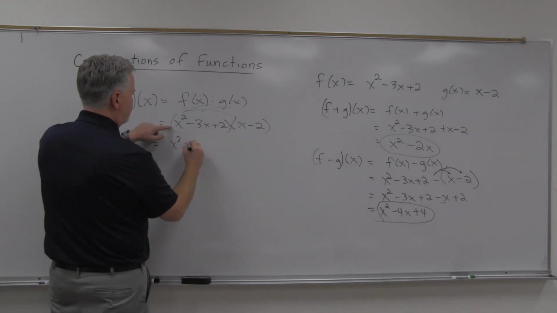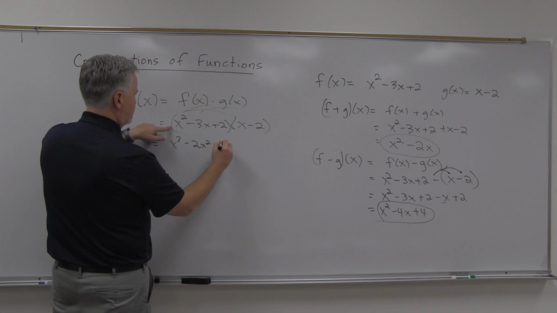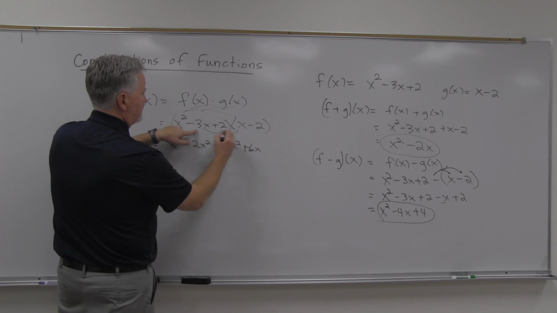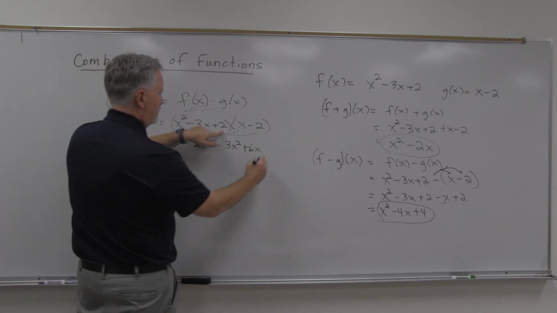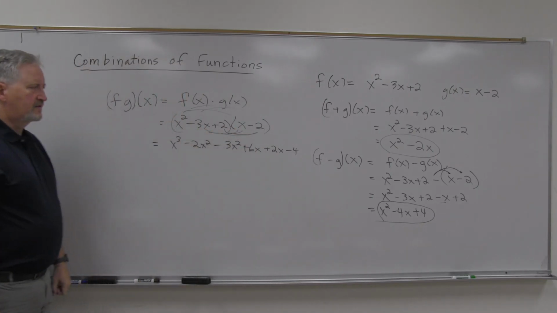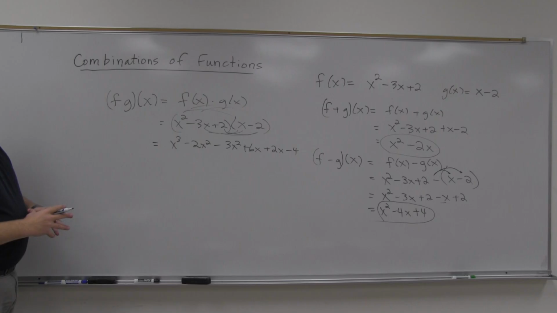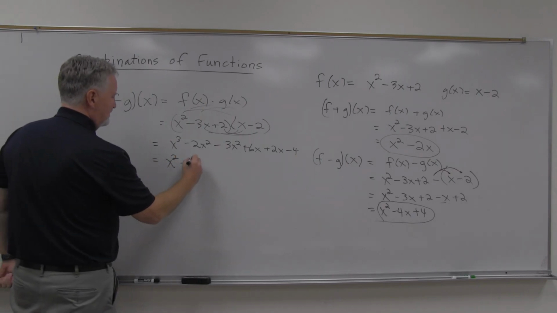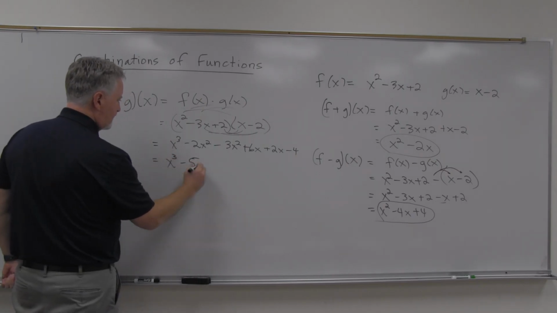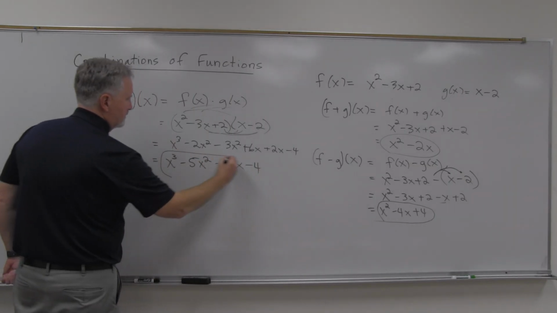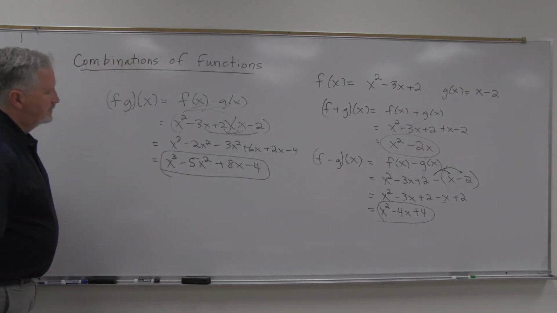What, x cubed minus 2x squared minus 3x squared plus 6x for those two right there, and then the 2, you get 2x minus 4 when you distribute those. Is that right? Did I do that right? Does that look right? Anybody okay with that? Yes. Okay, thank you. All right, so that's x cubed minus 5x squared plus 8x minus 4, combining the like terms. Look okay?